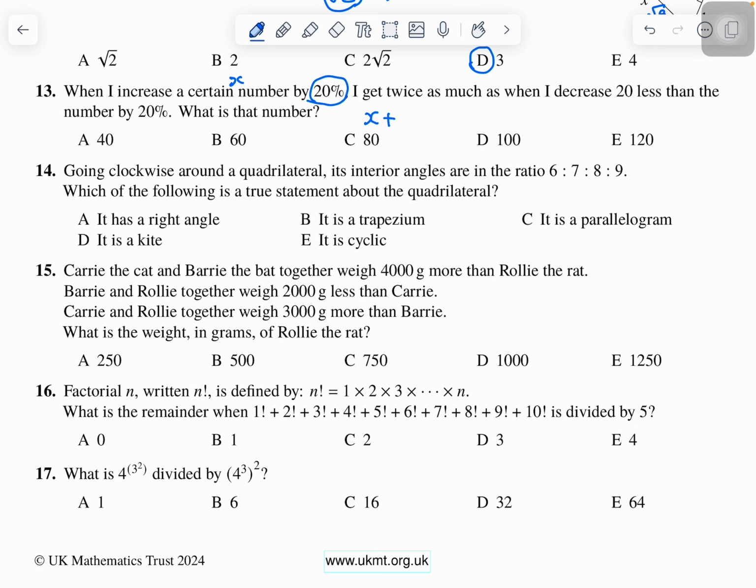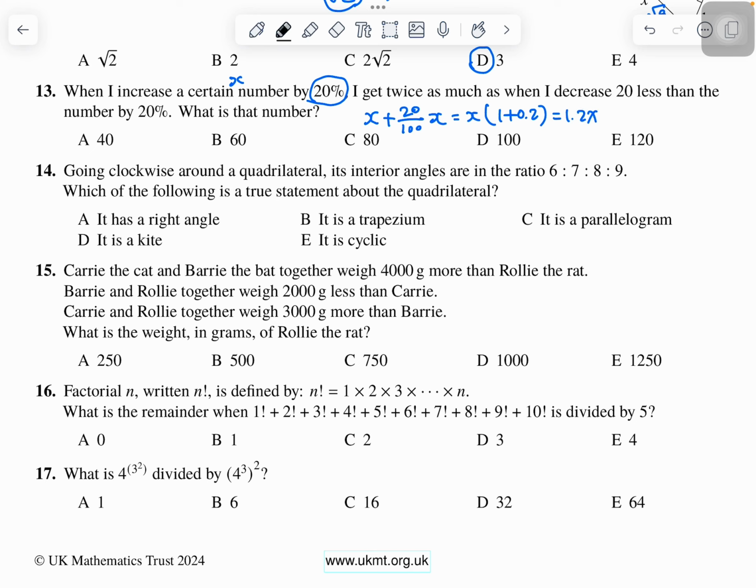Actually, from the context, 20% of that number. So x plus 20% of x, over 100. When we factorize it, 1 plus 0.2 makes it 1.2x.